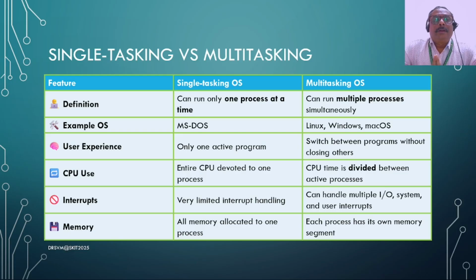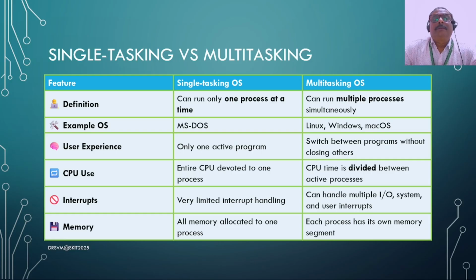Therefore, it was a single tasking operating system, and at any time only one active program used to run, and the entire CPU was devoted to one process. The memory was sufficient to accommodate only one process, so there was no chance of accommodating more than one process.